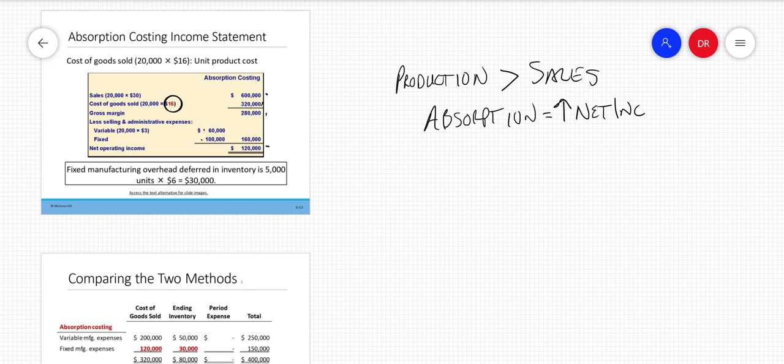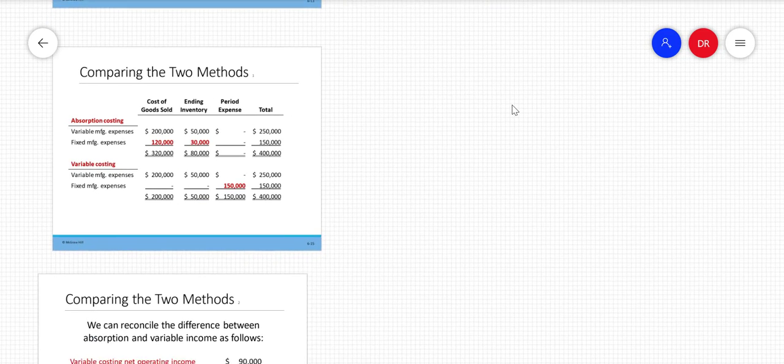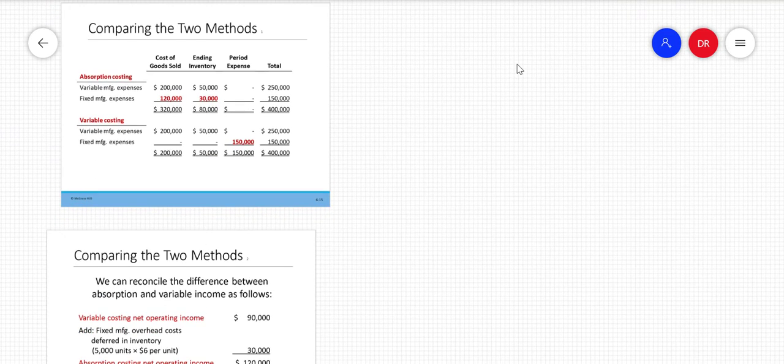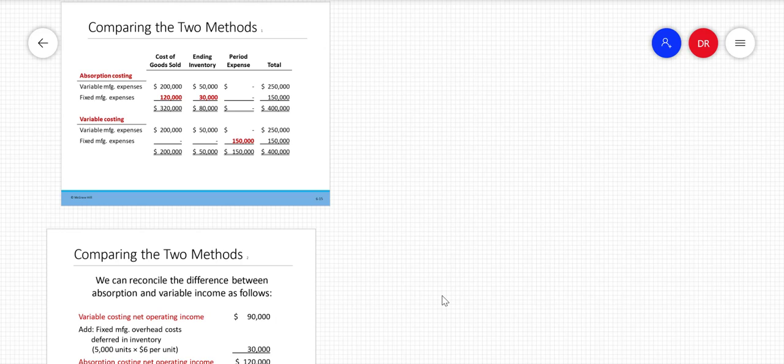Now let's take a look down here at this next slide, where we compare the two methods. Under absorption costing, we have the $200,000 of variable manufacturing expenses and the fixed expenses that go into inventory. They become a part of cost of goods sold.